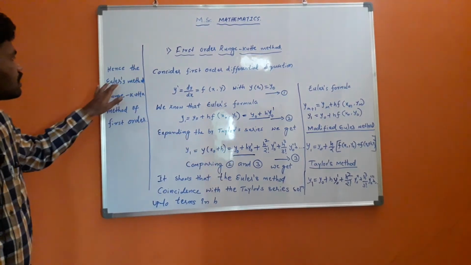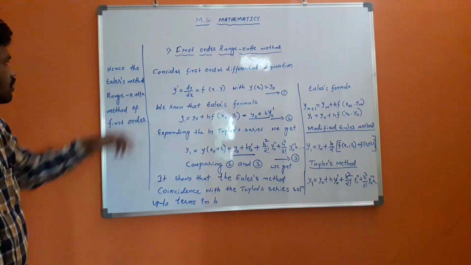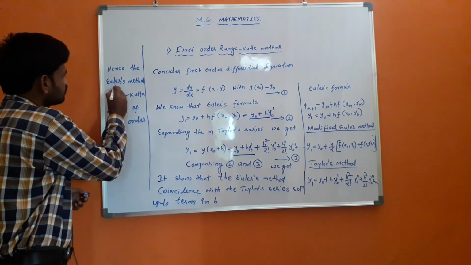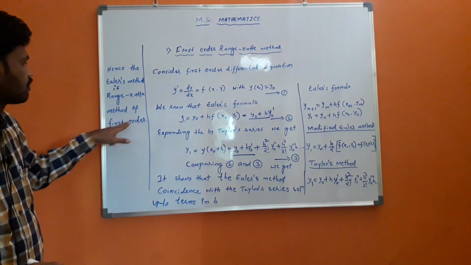So hence Euler's method is the Runge-Kutta method of first order.